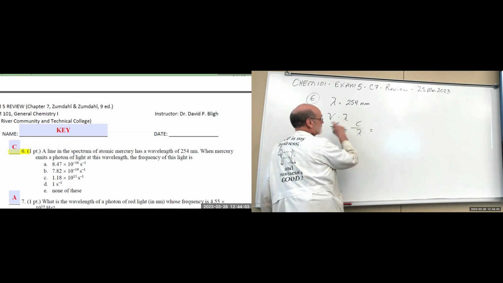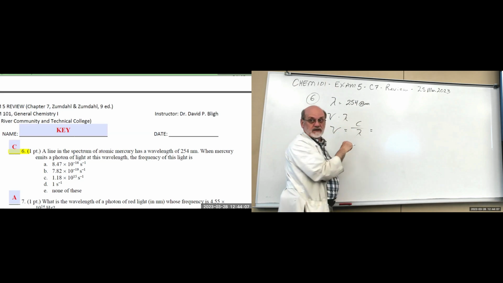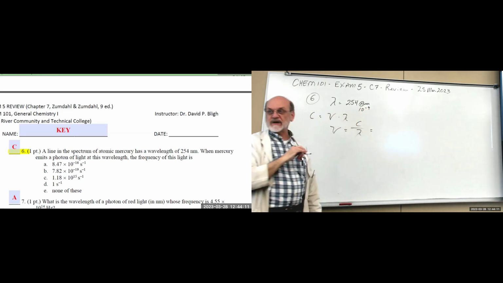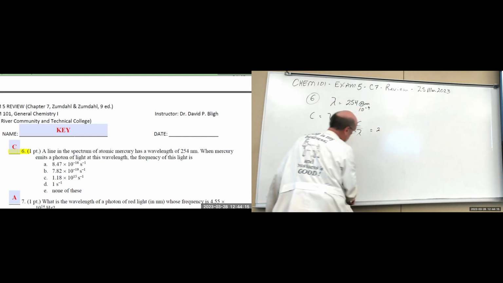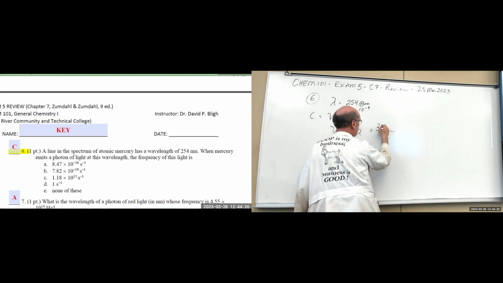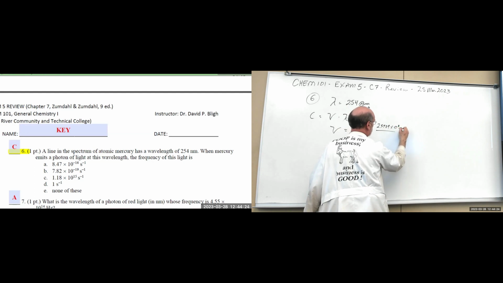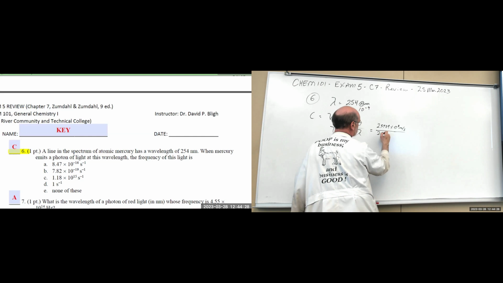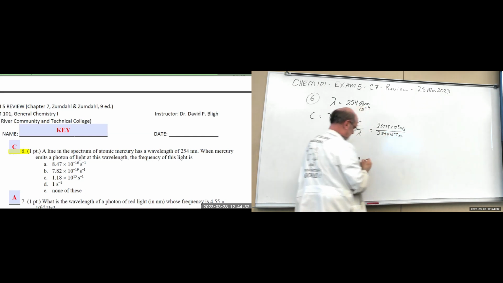When you have something like that, the easiest way is to ask, what's a nano? A nano is 10 to the minus 9, or a billion. The speed of light is 2.9979 times 10 to the 8 meters per second. And then the wavelength would be 254 times 10 to the minus 9 meters.